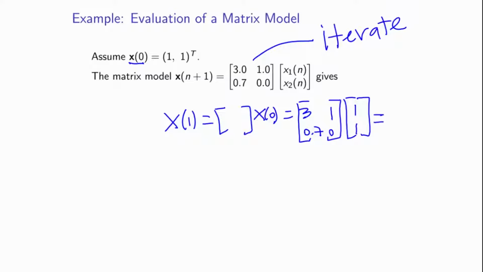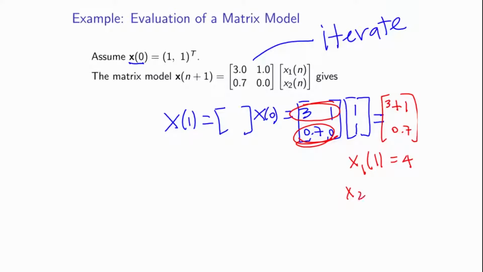And that would give us, remember how you multiply matrices, right? One way of multiplying matrices is you say this row times that column, so that gives you 3 times 1 plus 1 times 1, and then you have this row times that column, which gives you 0.7. So that means that x1 at time 1 is 4 and x2 at time 1 is 0.7.